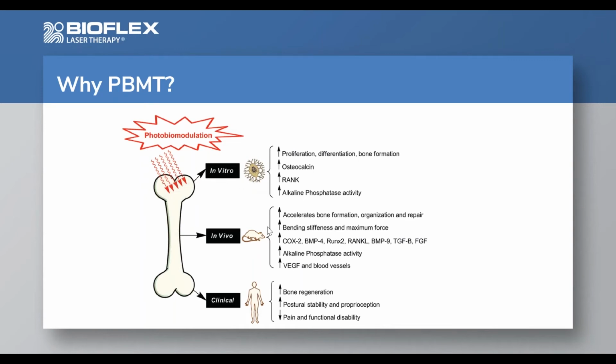In vivo, lots of animal studies have shown a lot of positive effects on bone, and in humans as well. They've shown that it can help bone regeneration. A lot of dental research has shown this as well, and helping with pain and functional disability. I'll present some of that research as well.